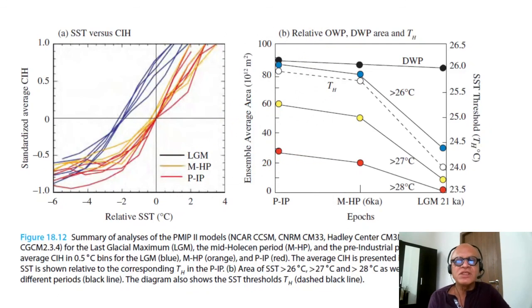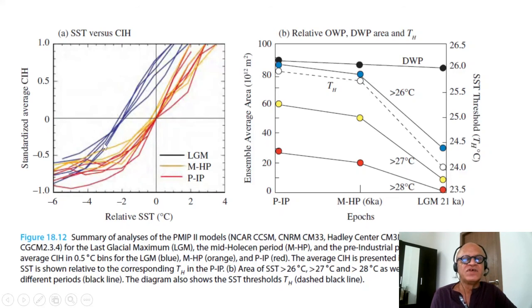Okay, we will look at the longer term changes maybe in the next podcast, or maybe I should wrap it up here. So this is showing that such changes have been seen over the long term as well. This is from the last glacial maximum, where the entire globe was colder, so the entire threshold temperature and relative SST changes are shifted, but you can see that the negative and positive heating areas almost balance.